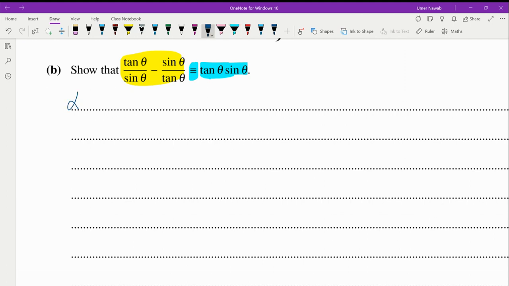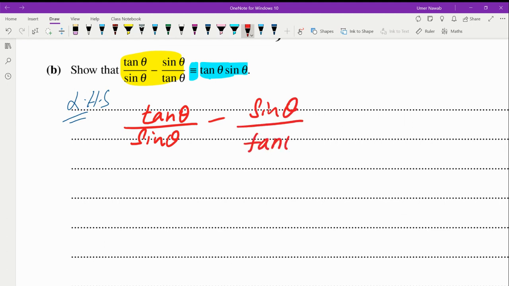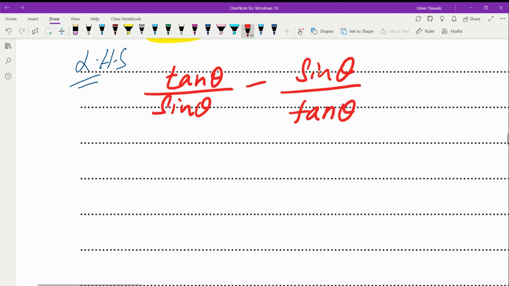So I'm going to start from the left hand side. My left hand side is tan theta over sine theta minus sine theta over tan theta. So I have two fractions and there is a minus sign in between. You remember how your teacher does the subtraction of fractions. You multiply this cross and you also multiply them. It's an easier way.